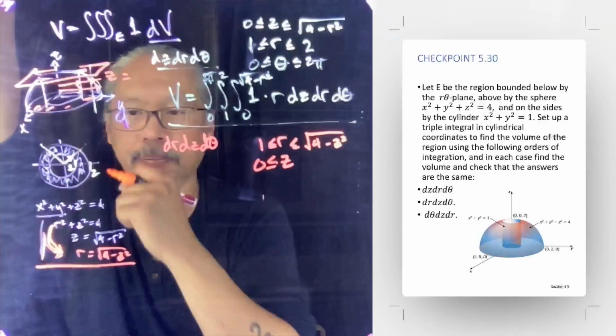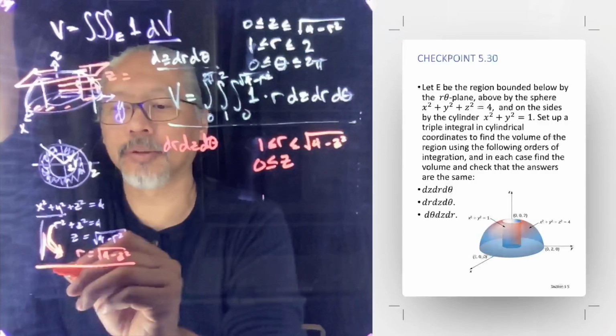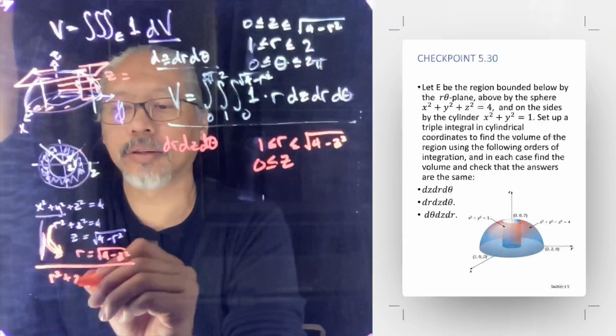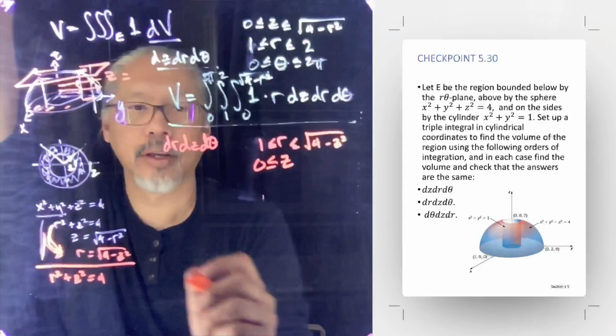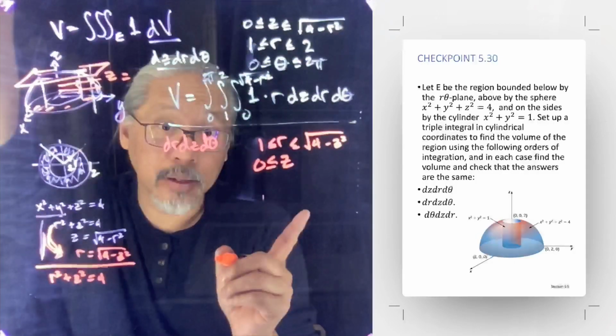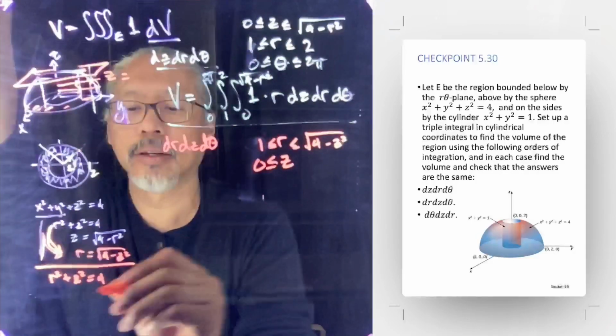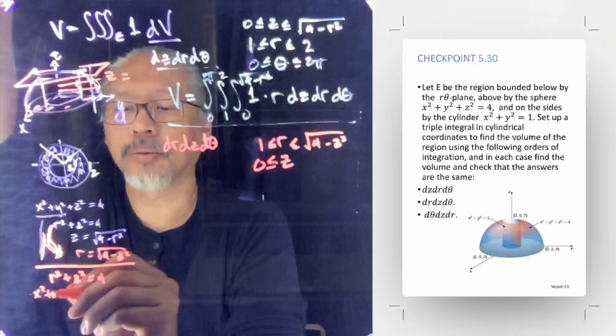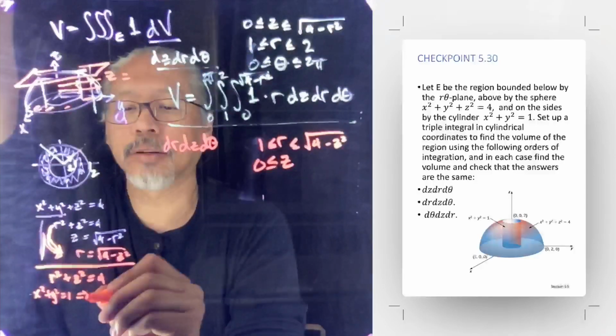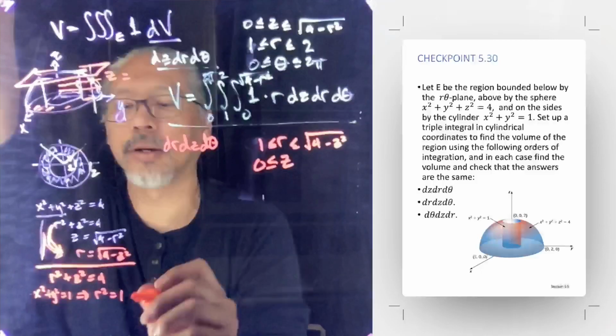We'll write the sphere in terms of r and z: r squared plus z squared is equal to 4. And then the cylinder is x squared plus y squared equal to 1, which is equivalent to saying r squared is equal to 1.